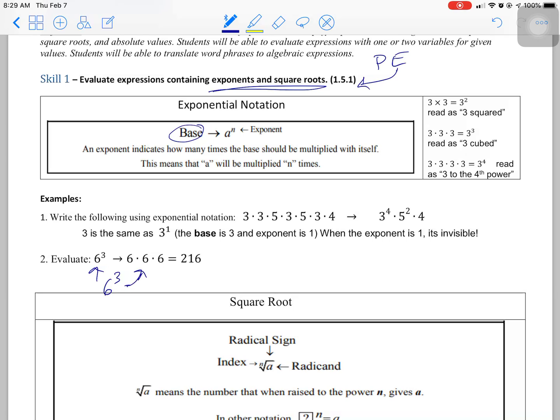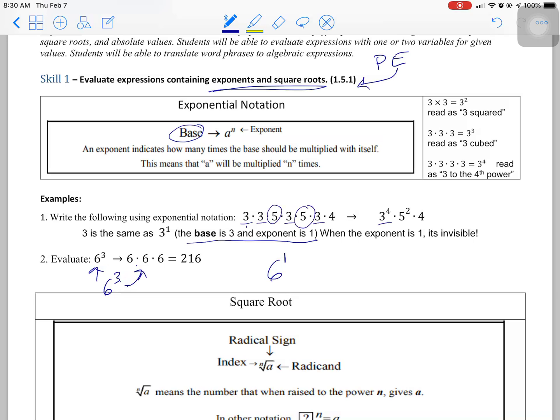That's a rule. So 6 to the third is 3 of them. So if you just had a 6 and you didn't see any exponent, there really is a 1 there. Okay? So this one says, write the following in exponential notation. You have 1, 2, 3, 4 3s. So we write 3 to the 4th.